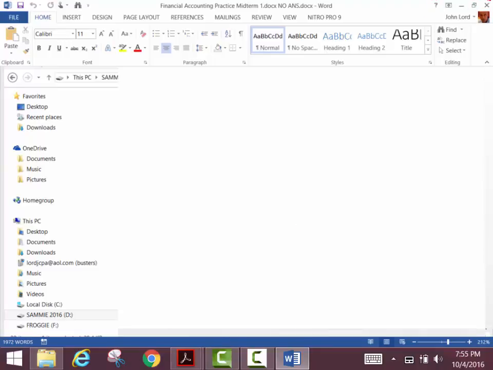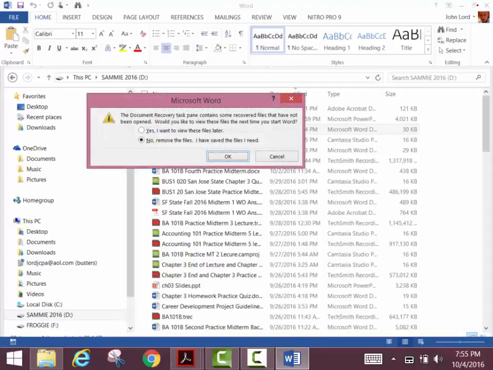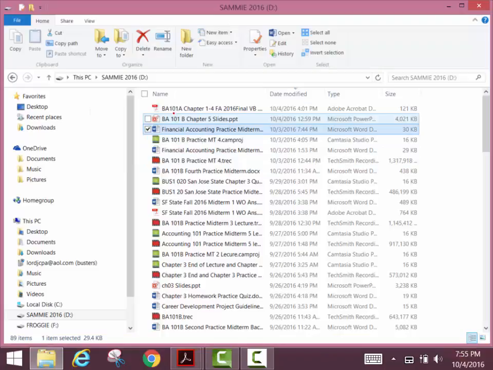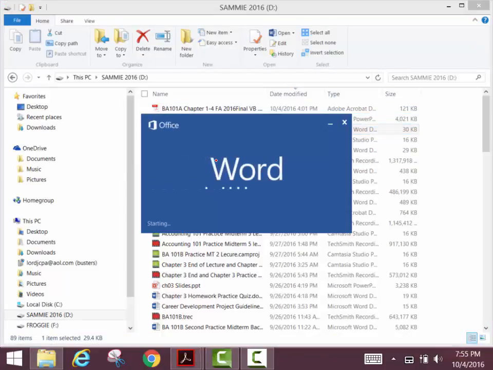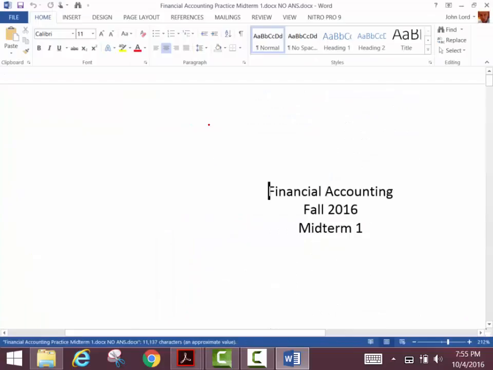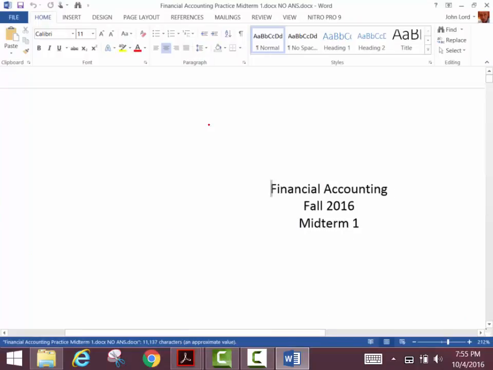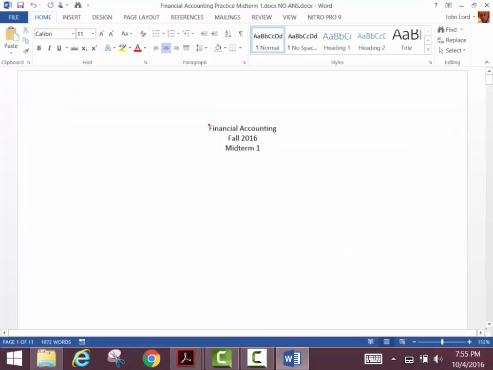This looks like a malfunction where I come from. No, remove the files. I don't want them. Oh, I see. It was just still showing or something. Okay, there it goes. Let me get this right sized here. There we go.